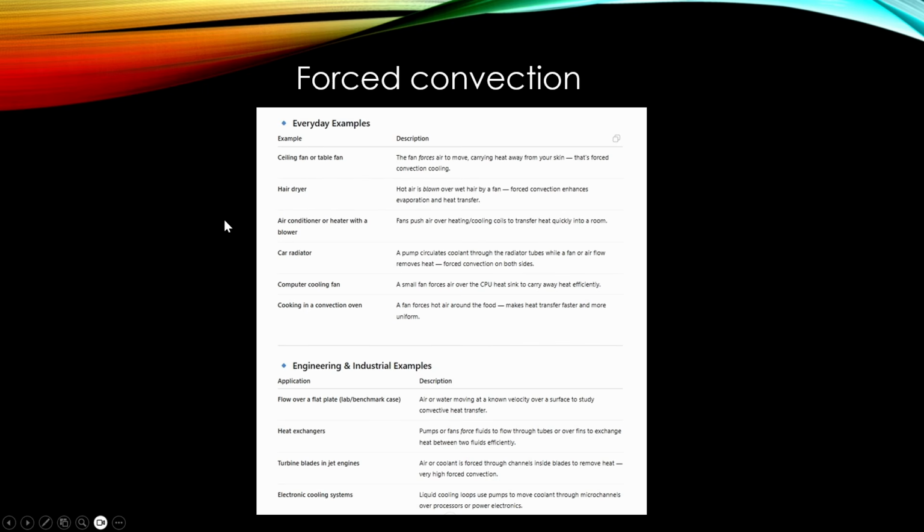Here we have many everyday examples of forced convection. For example, a ceiling fan or table fan that's carrying heat away from your skin. That's forced convection cooling. A hair dryer is another good example.